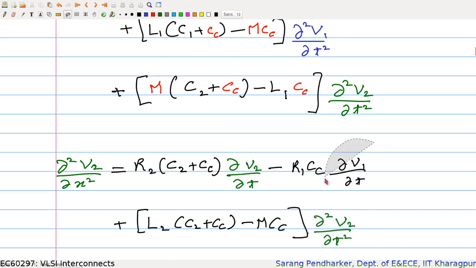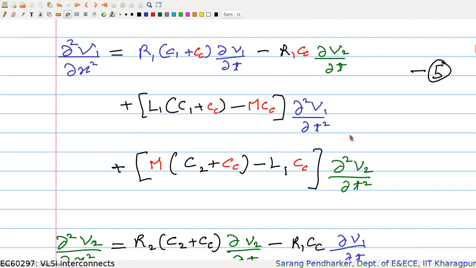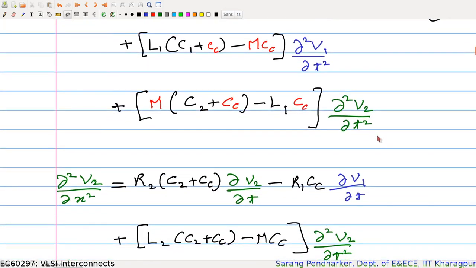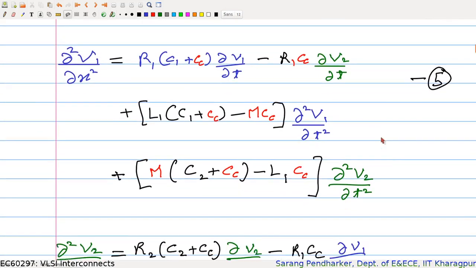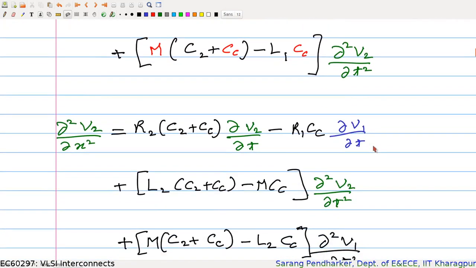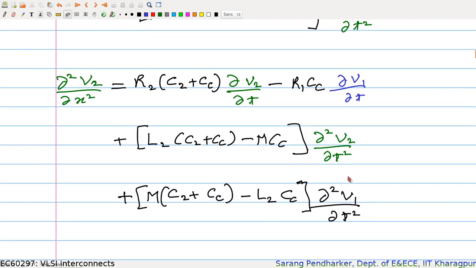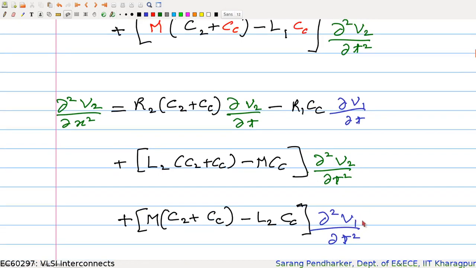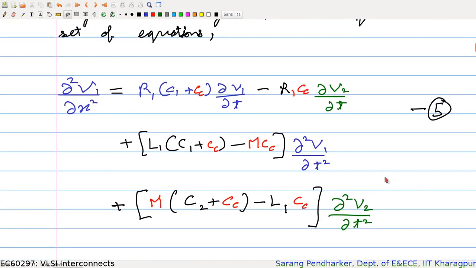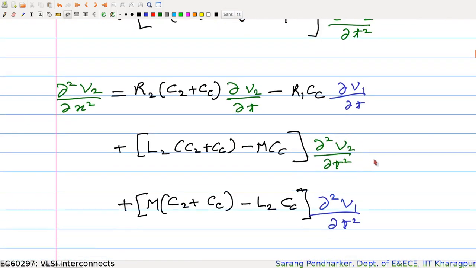So you can solve this. I think there's a term missing. Yeah, there would be, this would also be for the first interconnect. So you will see that these two sets of equations appear to be quite complicated, and it really appears to be difficult to solve them.